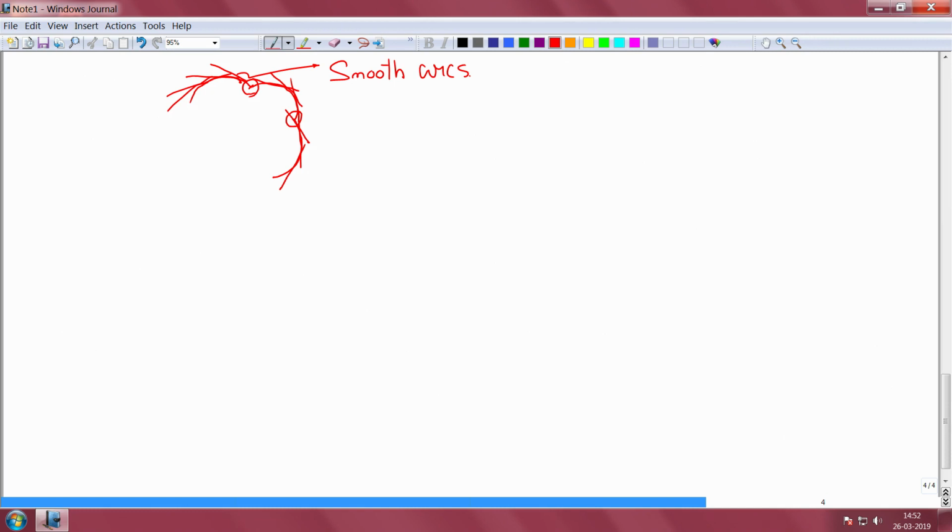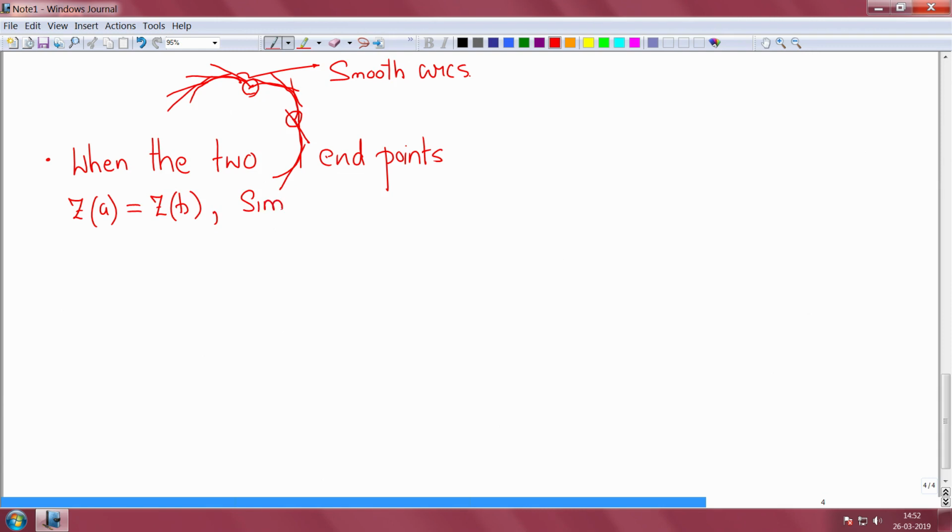Further to that contour definition, when the two end points meet, so that z of a is equal to z of b, then we have what is called a simple closed contour.